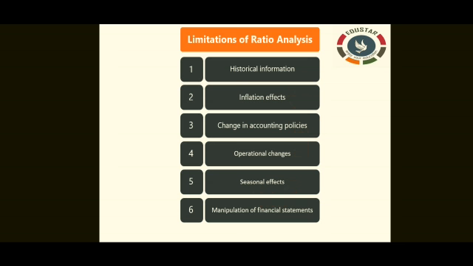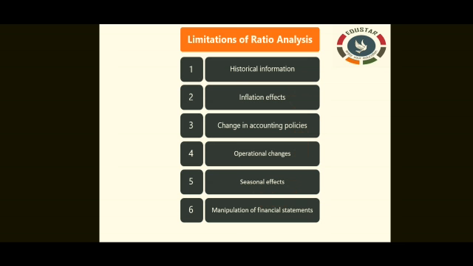The current price of a product and the current value of an asset won't be shown in the balance sheet. That's the major disadvantage. We can't predict the future company performance, because ratio analysis records only the historical price.